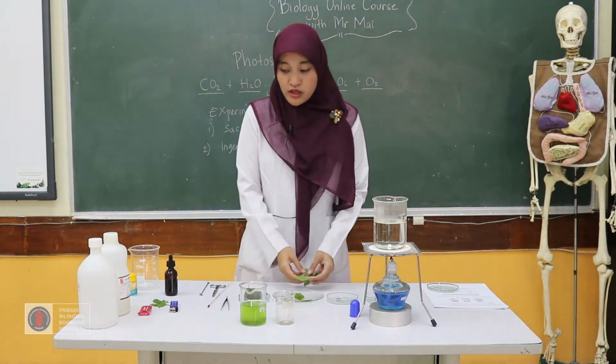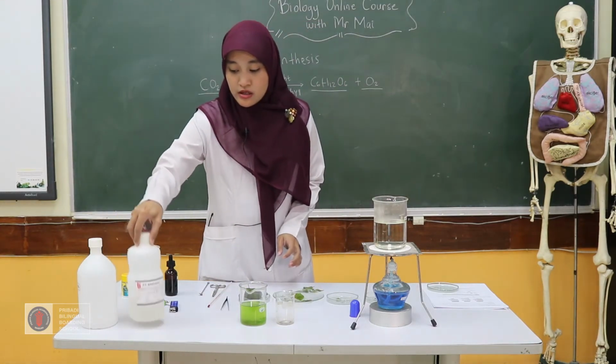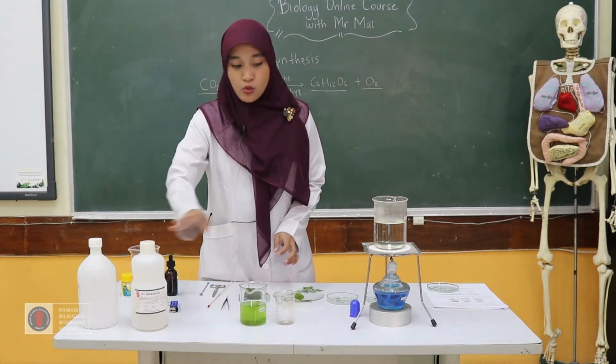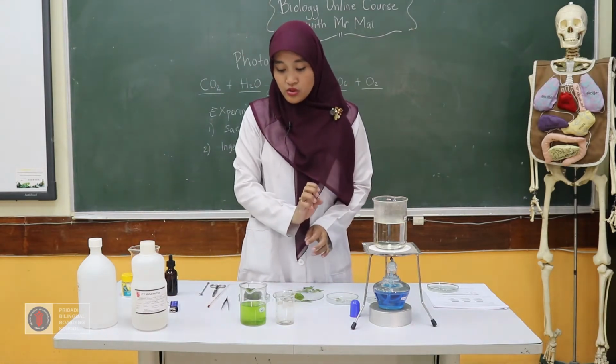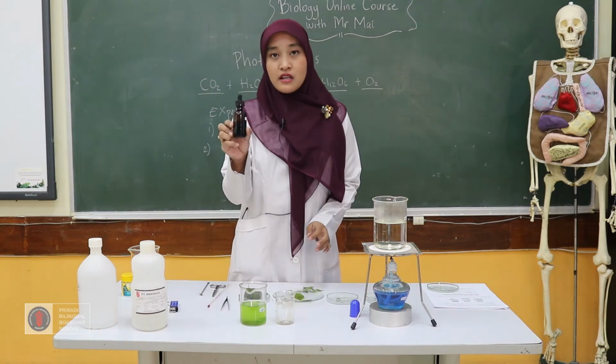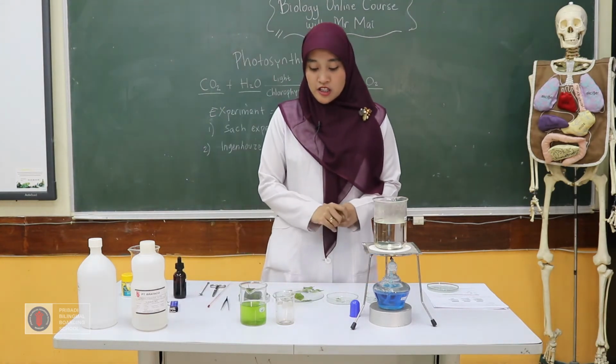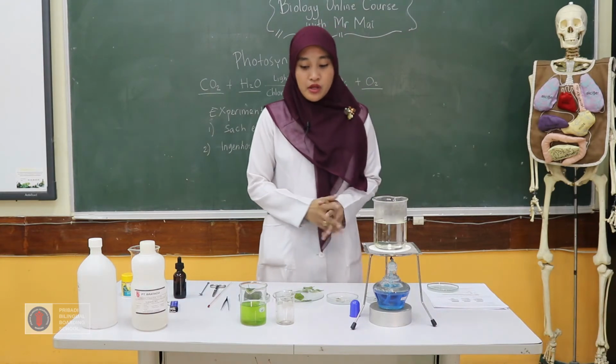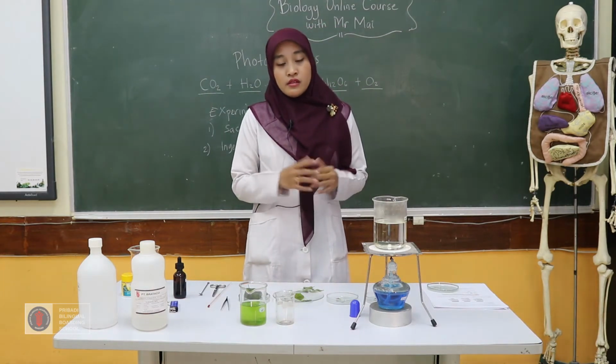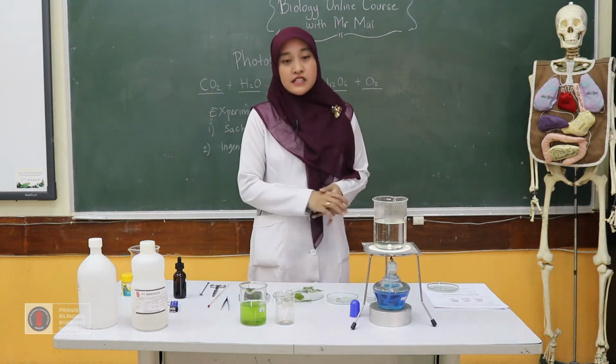Okay, and then we also need ethanol and water, and also we need Lugol to test the glucose. And how can we make the Sachs experiment? So let's start to make the experiment on the plant itself first.